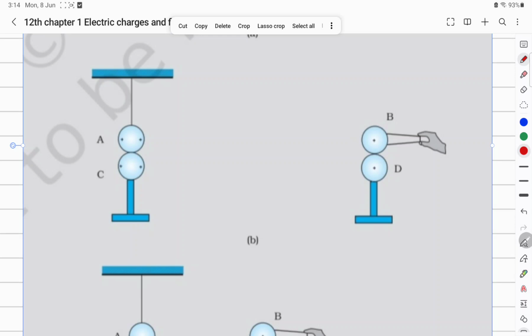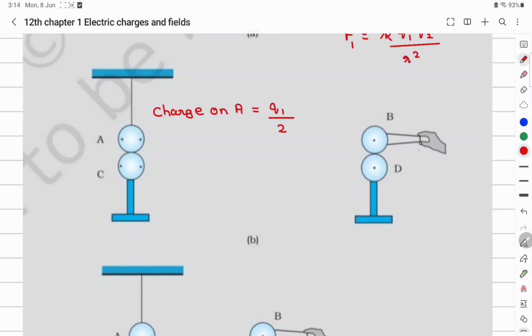Similarly, B is touched by an identical uncharged sphere D, so the charge on B is also reduced by half, which is equal to Q2 by 2.